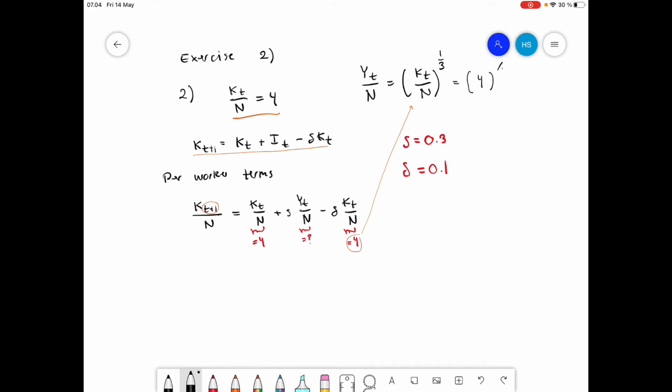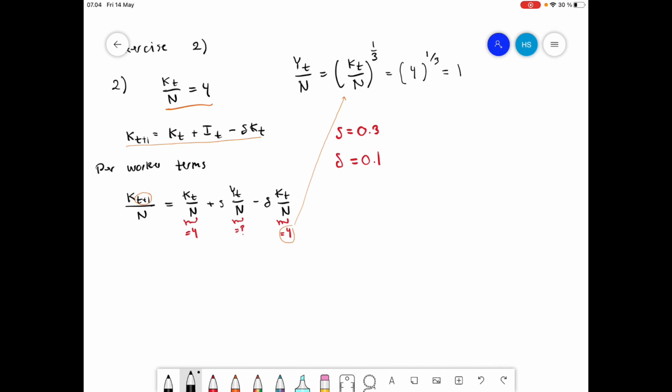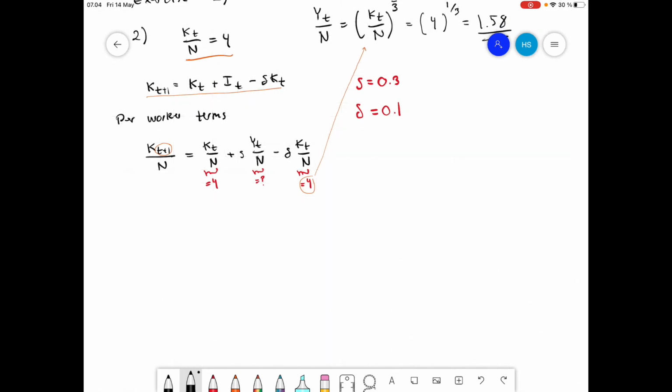So we get 4 raised to 1/3. That is the way that we solve this one. So you take 4 and you raise it to 1/3, and you get that the output in per worker terms is equal to 1.58.